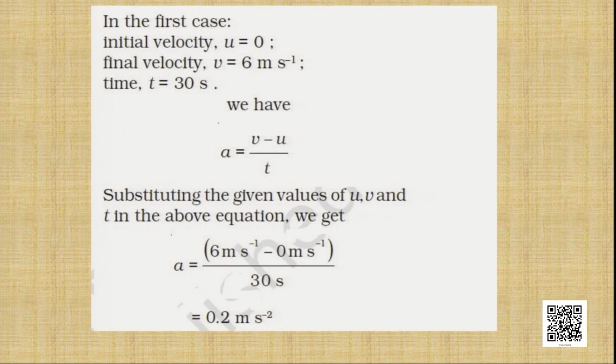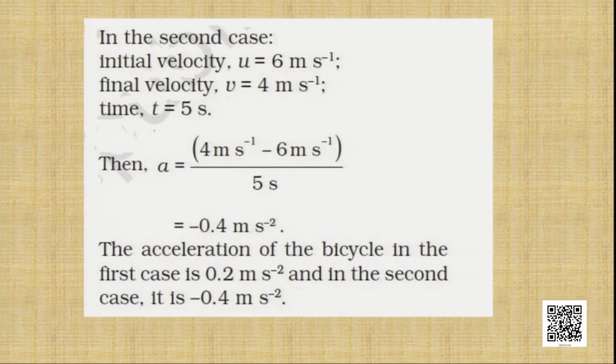Now coming to the second case, the initial velocity was 6 meter per second and it has reduced to a final velocity of 4 meter per second in a time period of 5 seconds. Then again applying the formula, final velocity minus initial velocity divided by t, that is time, will give us acceleration.